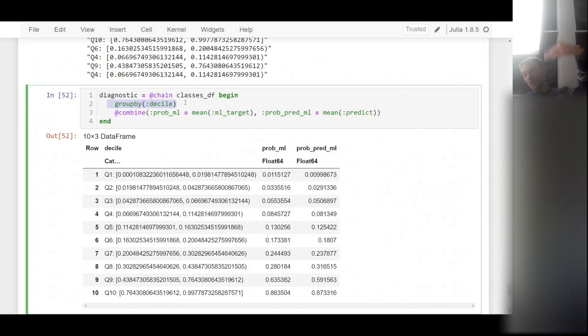So I will perform all my operation per each decile, and within each decile, I calculate two means. First, mean of ML target, so of this 0, 1 variable, and the second, mean of predictions. And I want them to be similar, right? If they are similar, then I say my model is good and indeed produces probabilities. Is it clear?